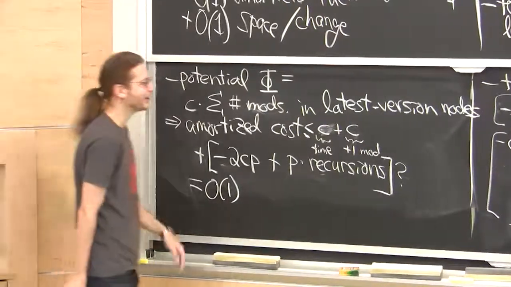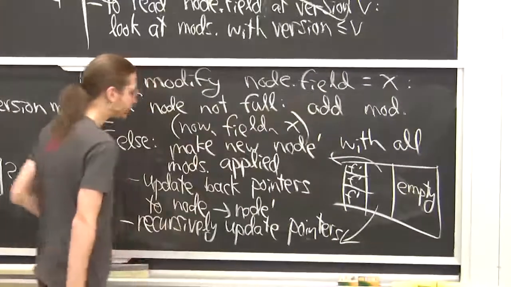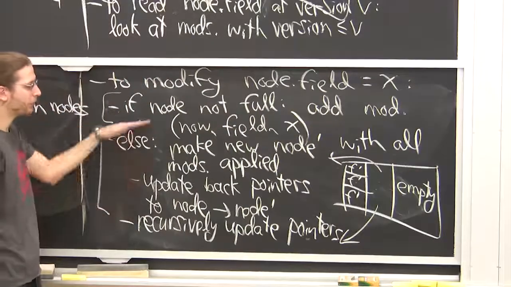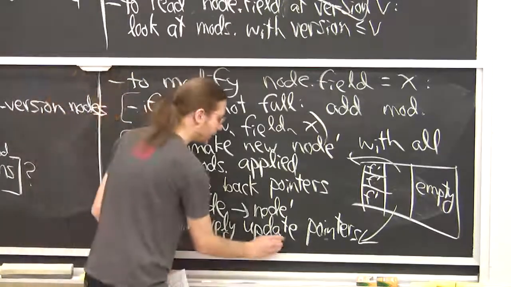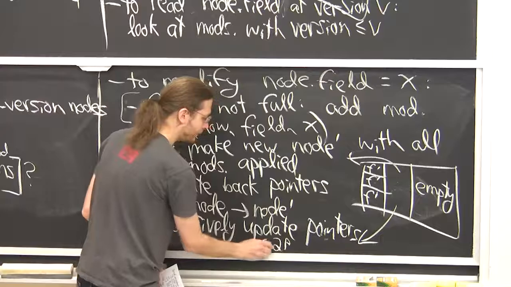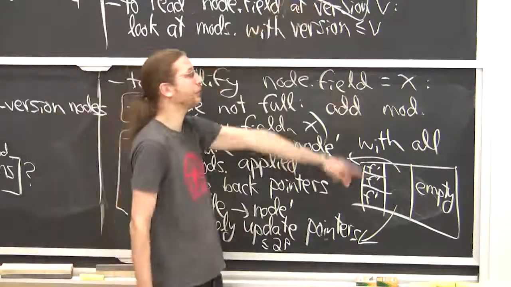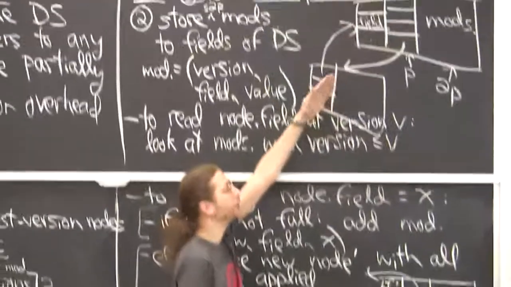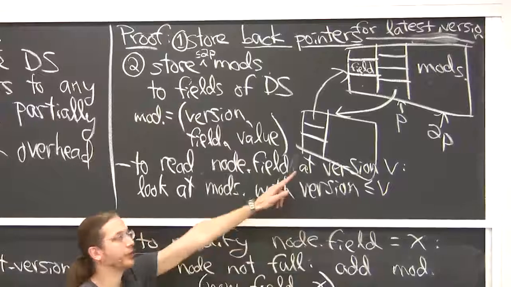Okay, potential functions are always a little crazy. What's happening here is that, okay, maybe you add a mod, that's cheap, but when we have to do this work and we have to do this recursion, this is up to 2P updates or recursions, we are charging it to the emptying of this node. The number of mods went from 2P down to 0. And so we're just charging this update cost to that modification.